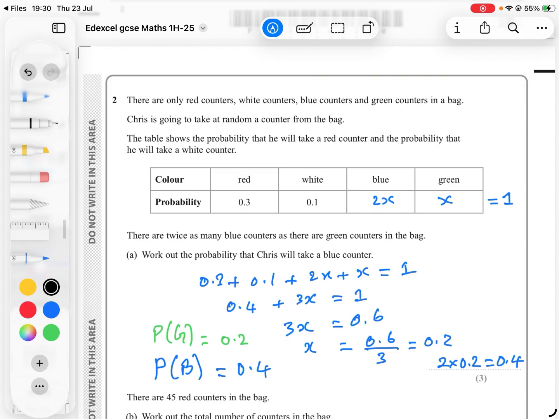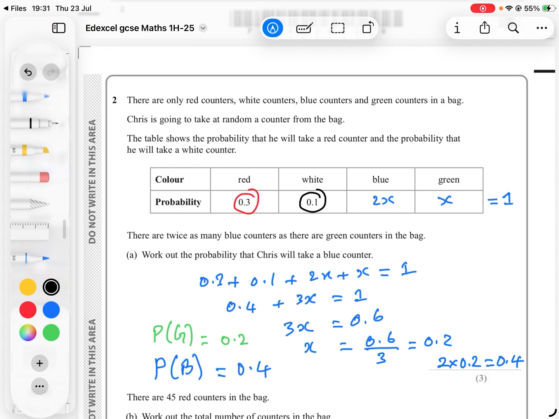The table shows the probability that he will take a red counter and the probability that he will take a white counter. The red counter probability is 0.3 and the white counter probability is 0.1.